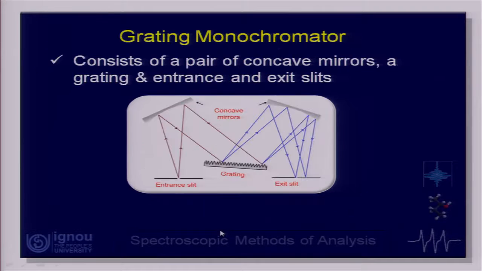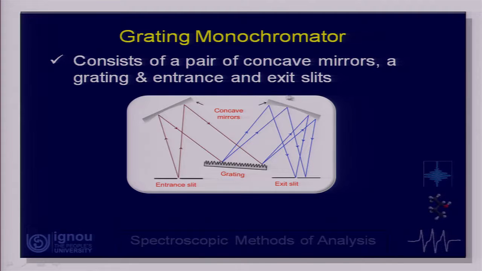This is what is used in the grating monochromator. Here again, as in the prism monochromator, there are two slits, an entrance slit and an exit slit. As against lenses, we have concave mirrors in this case, and of course a grating. The mechanism is the same. Radiation from a source is made to pass through the entrance slit, and then a concave mirror makes it fall onto the grating, and after reflection it goes over here.